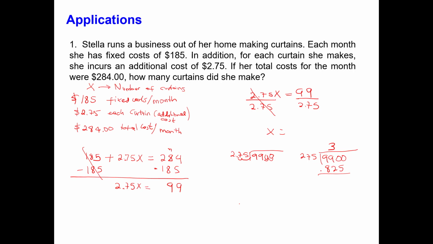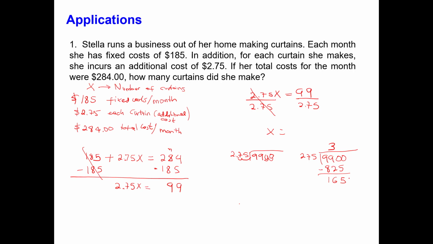And we subtract the numbers. 10 minus 5 is 5. 8 minus 2 is 6. 9 minus 8 is 1.